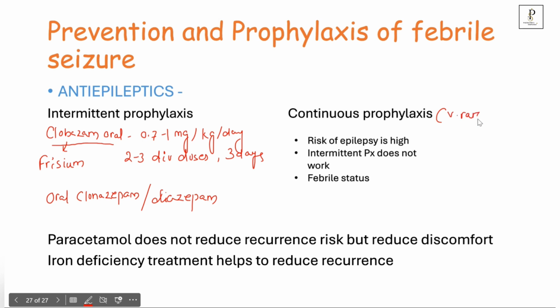It is given in certain special conditions. When the risk of epilepsy is high, then give continuous prophylaxis. If the child comes with febrile status, then you can give continuous prophylaxis.